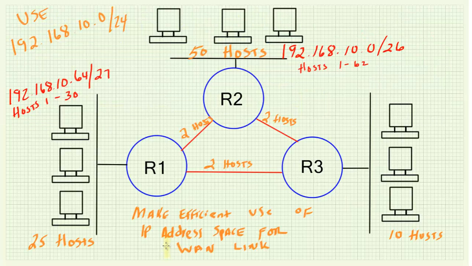So let's review our progress so far. We started with the class C, a /24, 192.168.10.0, and we used subnetting to divide that into 4 subnets, the first of which is 192.168.10.0/26 with host IPs 1 through 62. And we assigned that piece of our address space to the LAN, the local area network, at location 2.